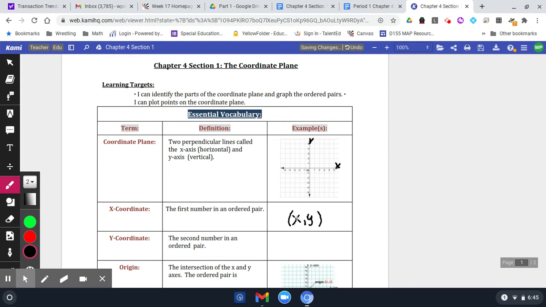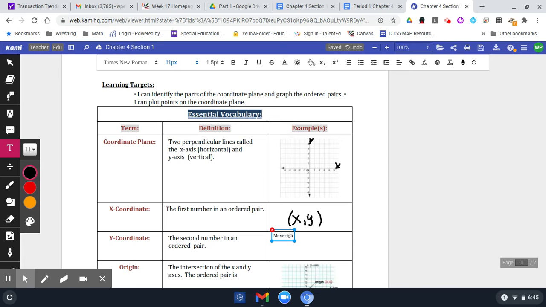So we always move right or left first, then up or down. And I'll make that bigger for you.